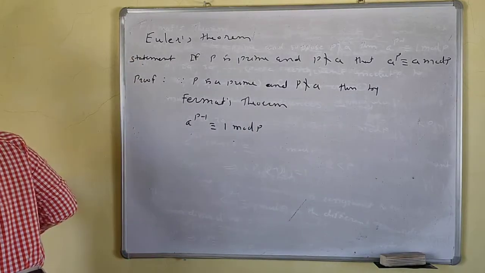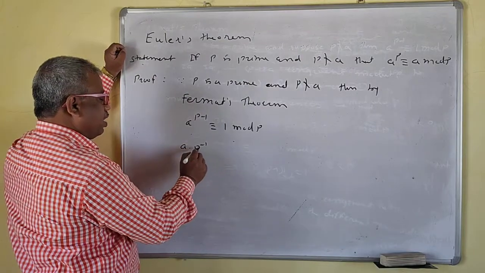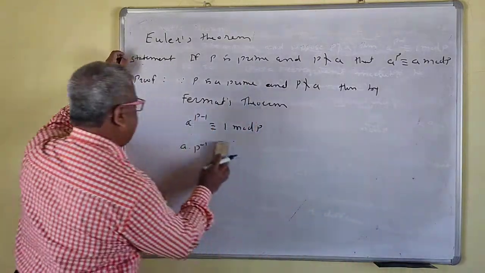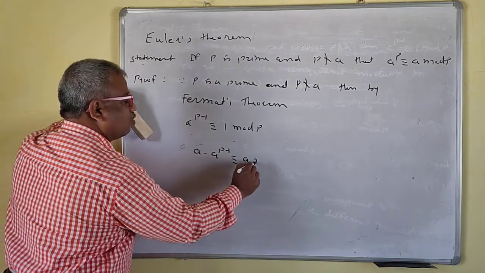Then we will multiply by a. So this is a into a raised to p minus 1 is congruent to a mod p.